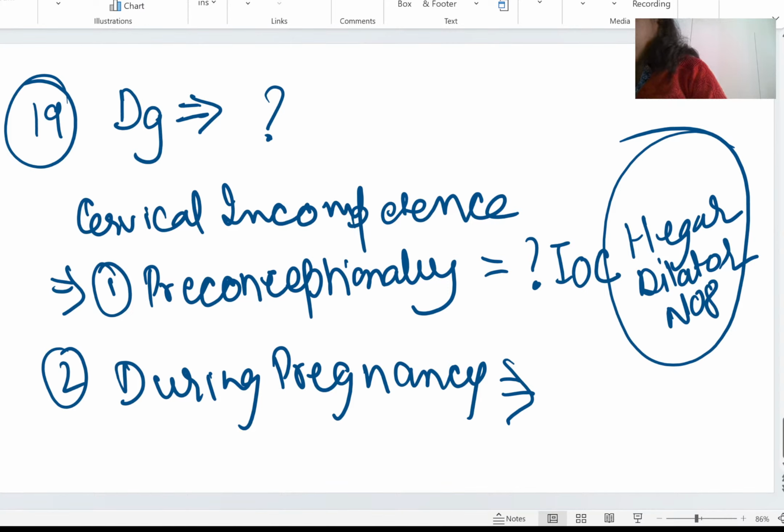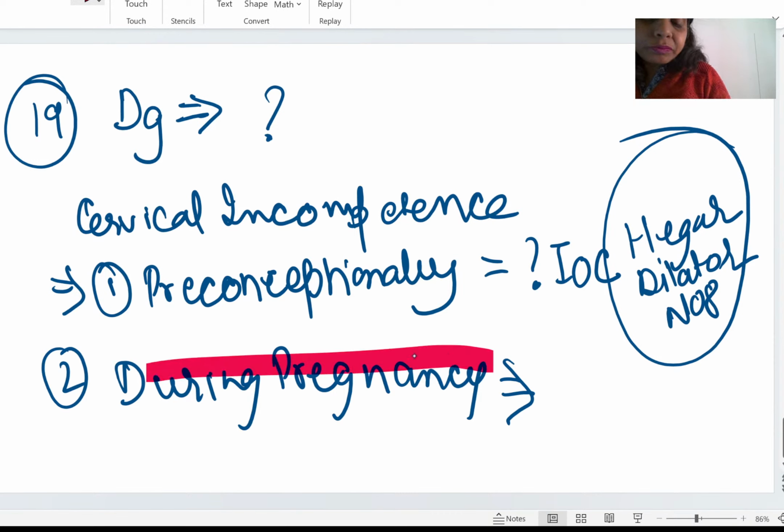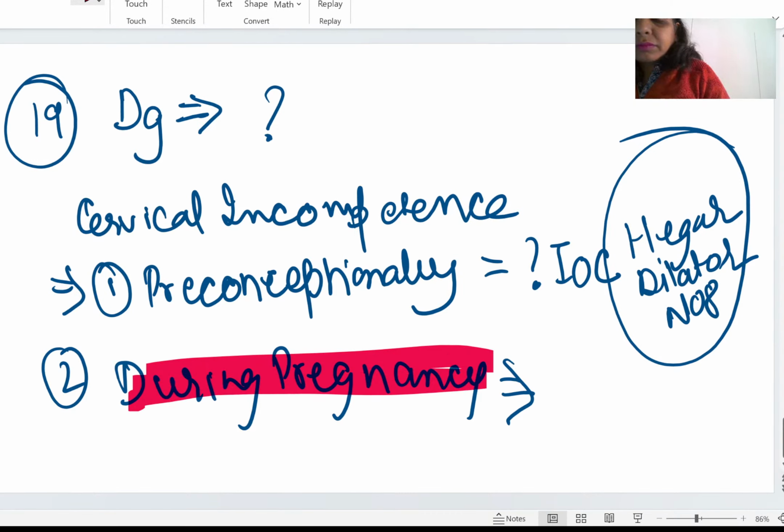Come on, everybody. During pregnancy, what is it? And what do we see on TVS? The investigation of choice during pregnancy is transvaginal scan. And what do we see on transvaginal scan?